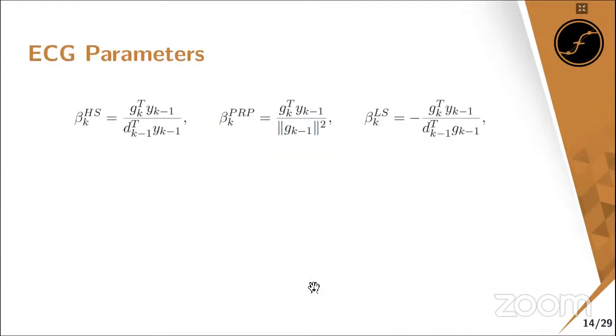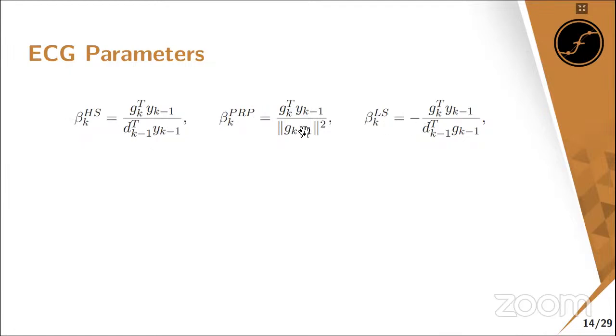There are some classical CG parameters in Euclidean settings which have already been extended to the Riemannian conjugate gradient method. Some of these classical CG parameters are beta k HS, beta k PRP, and LS.